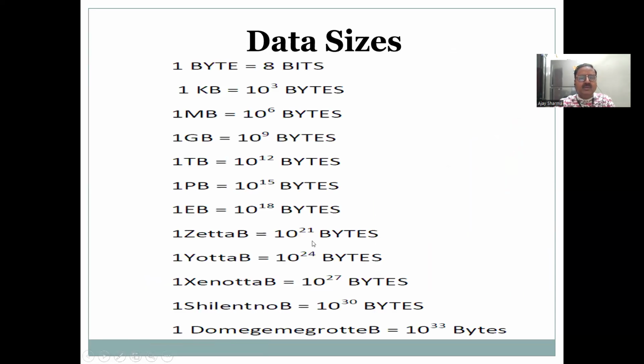So just have a look at how these data sizes have evolved over a period of time. We were dealing with MBs and GBs in the 90s. Then came the era of terabytes and petabytes. Now is the time for exabytes, zettabytes, yottabytes. You can see new terms have been coined for data storage because the data is really rising humongously, right?